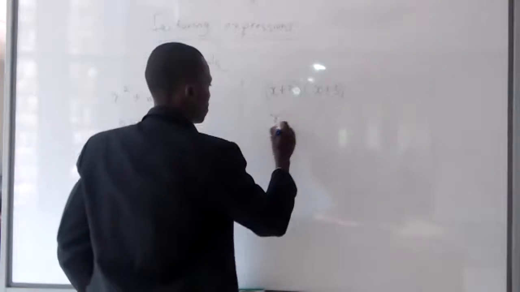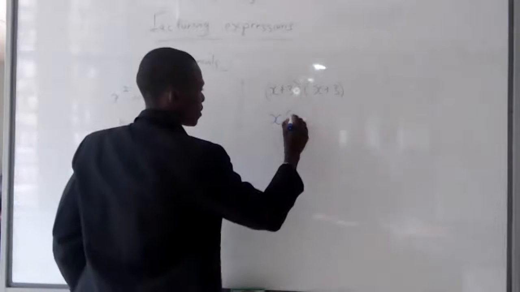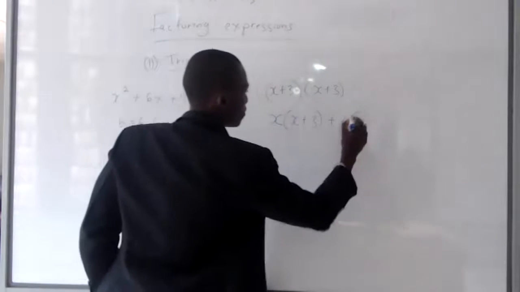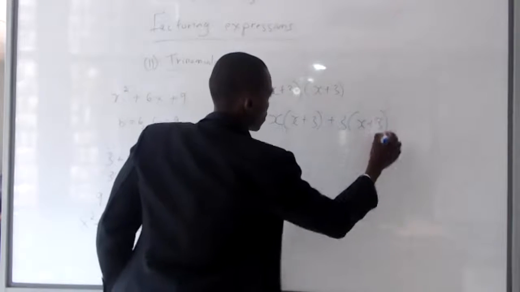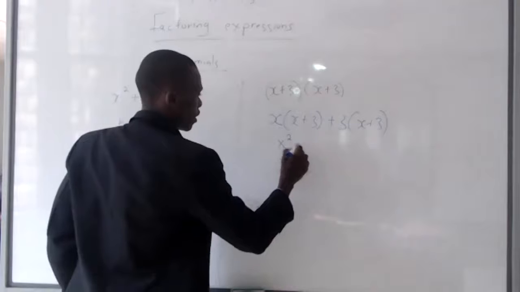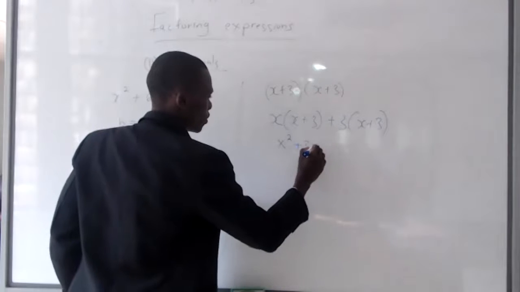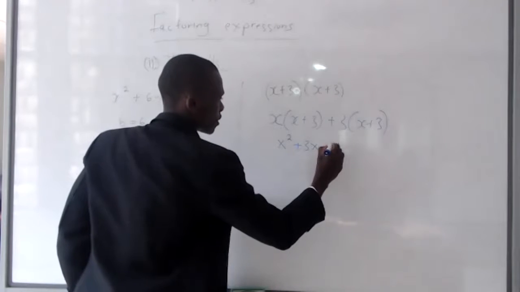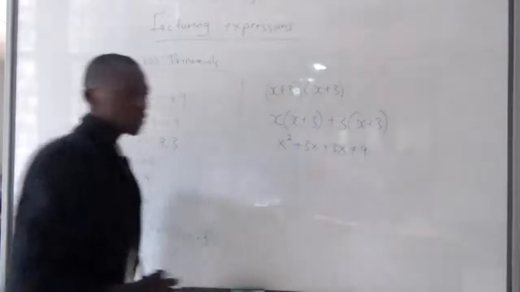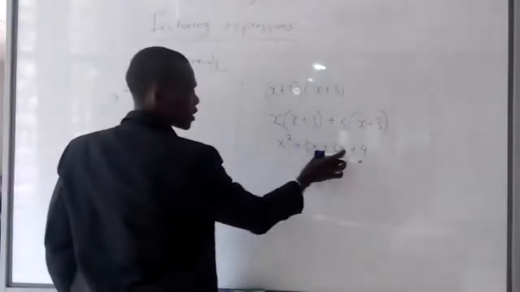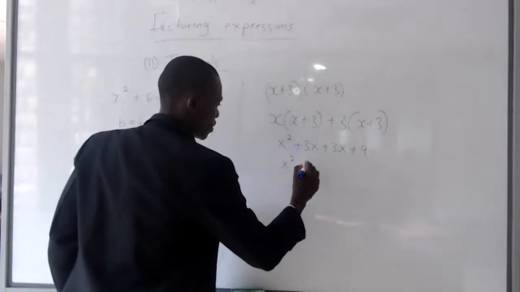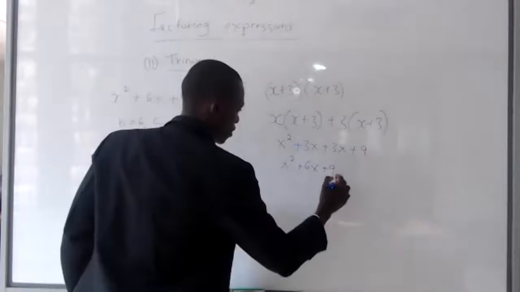Take the first term on the left, multiply by the second term on the right, then add the second term times the others. So x times x is x squared. x times 3, 3x. 3 times x, 3x. 3 times 3, that's 9. Then these are common terms, so 3x and 3x. So x squared plus 6x plus 9.